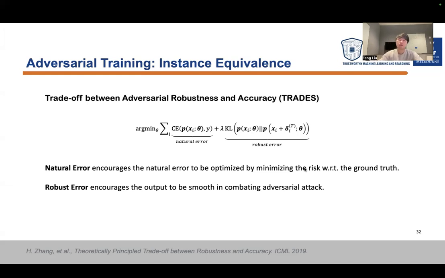Okay, so here we can look at the loss function. It's a natural error plus robust error. Natural error encourages the natural error to be optimized by minimizing risk with the ground truth label. Robust error encourages the output to be smooth in combating adversarial attacks. Okay.